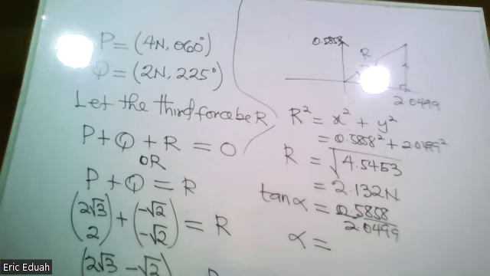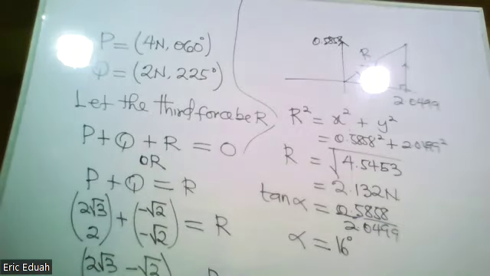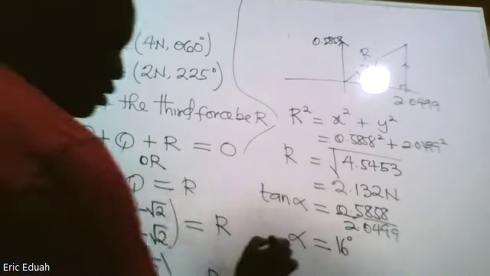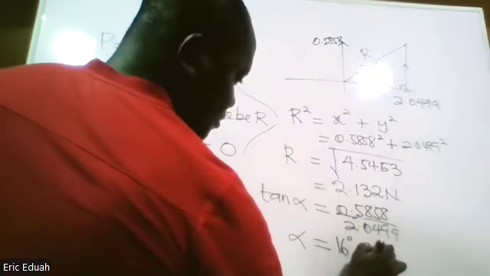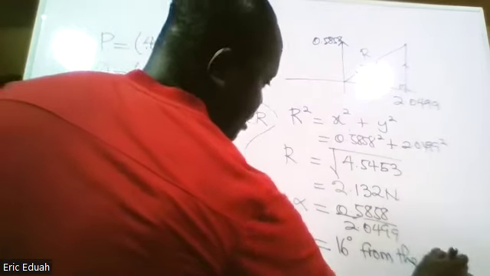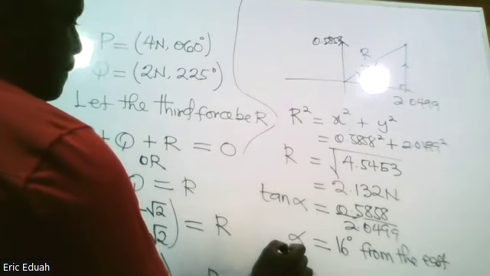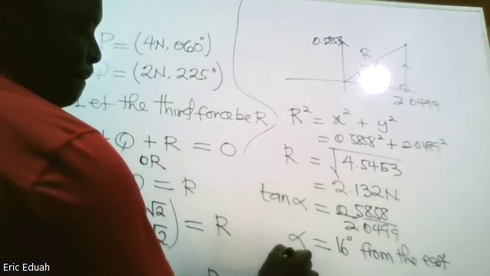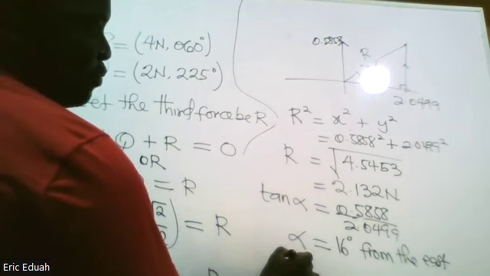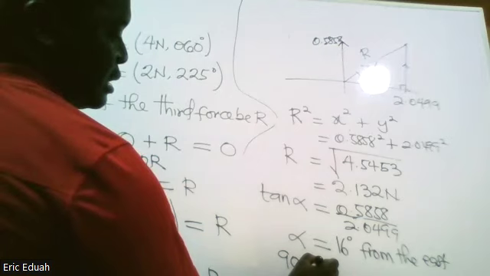15.9483 degrees. So approximately 16 degrees from the east, or 90 minus 16.